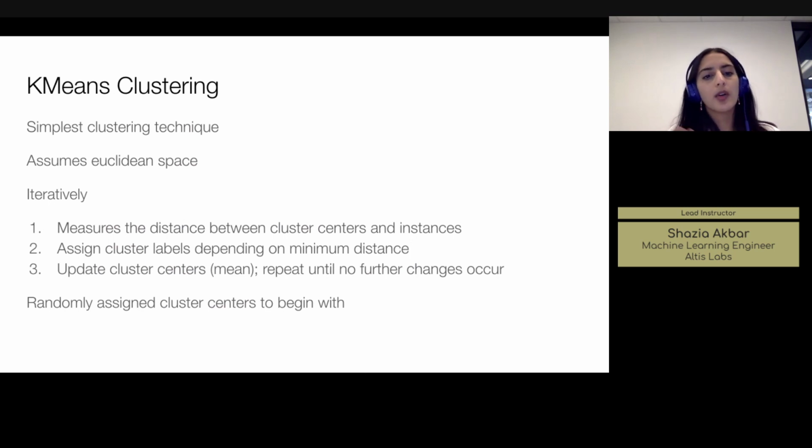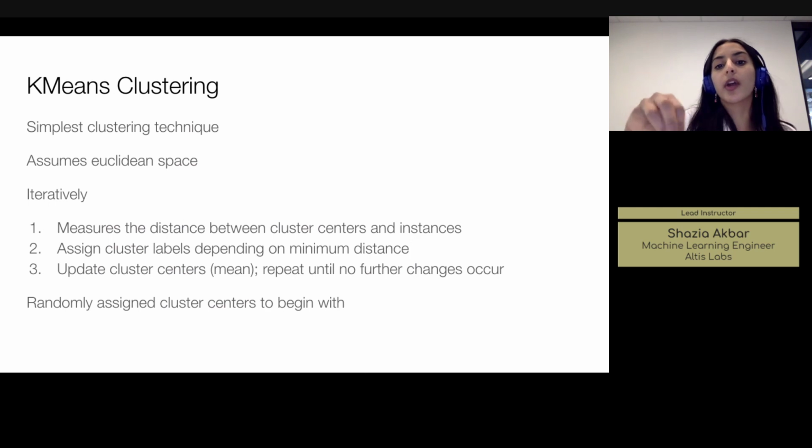And then we update all those cluster centers based on the mean of all those data instances which were associated with that particular cluster. That cluster center should then move somewhere else to a different space. We can repeat this process until the cluster center doesn't move as much anymore, when it's settled into a state whereby the data instances around that cluster are keeping that cluster where it should lie.